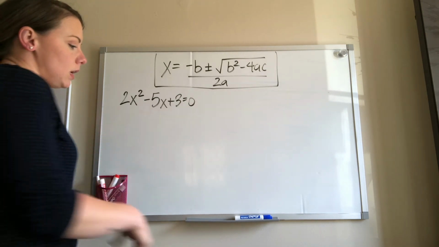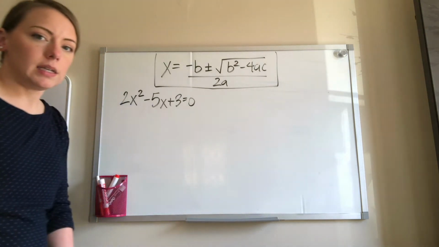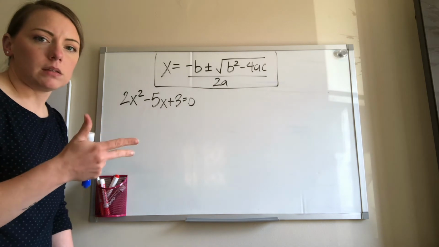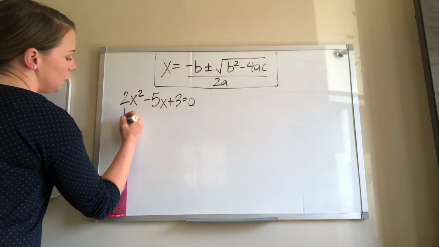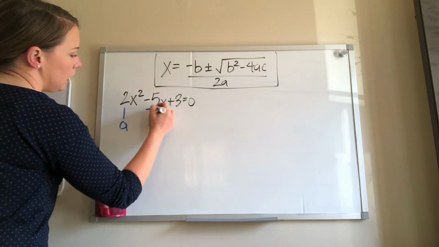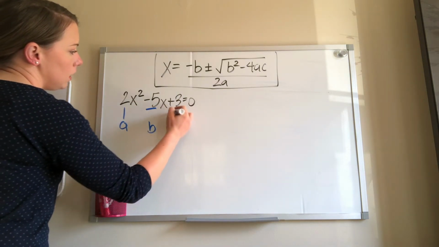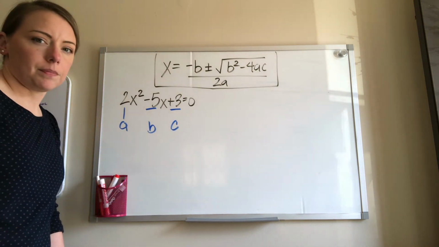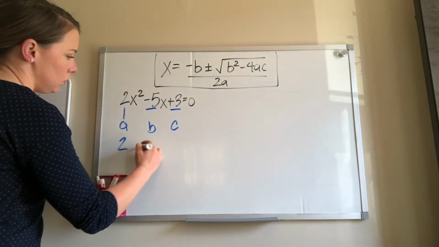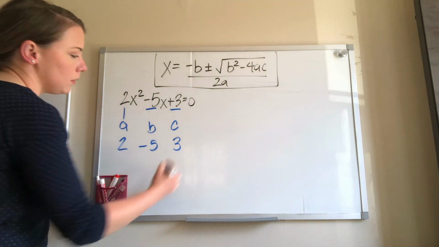My second step is I want to identify A, B, and C from that form. So 2 would be A, negative 5 would be B, and 3 would be C. All right, so far so good. So again, 2, negative 5, and 3.